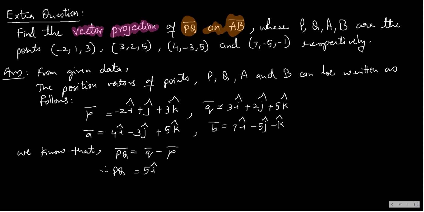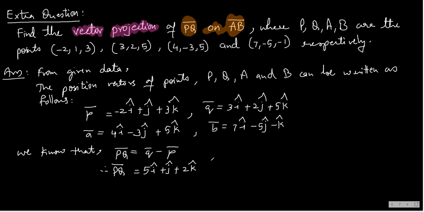You are subtracting, so all the signs of P bar will change. So 3i cap plus 2i cap is 5i cap, and then 2j cap minus j cap is j cap, and 5k cap minus 3k cap is 2k cap. This is the PQ bar I got.